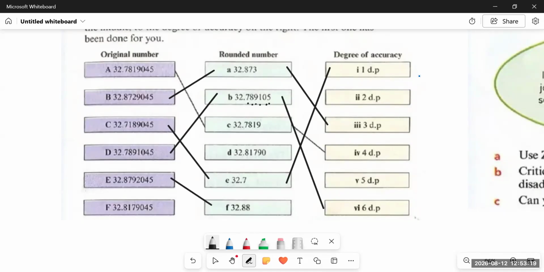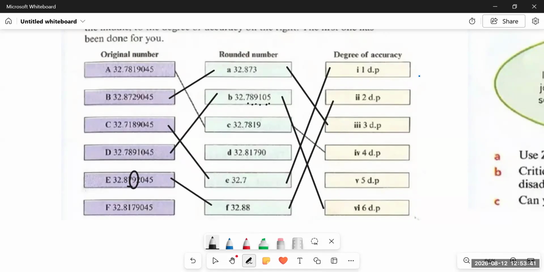Why? Because here we have 7, the second digit after decimal, and the digit next to it is a 9, which is a strong digit. So when we round it to 2 decimal places, 9 will give 1 to 7 and it will become 88. And hence, the correct option would be F, and the degree of accuracy is 2 decimal places.